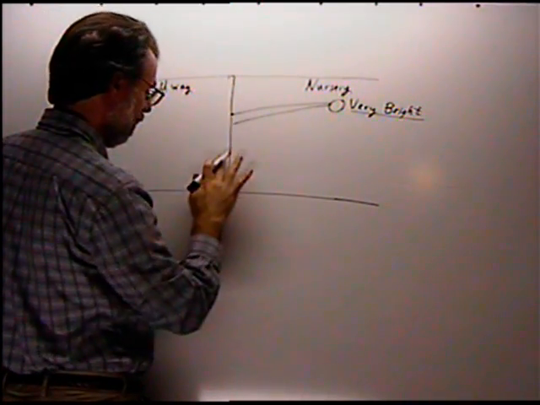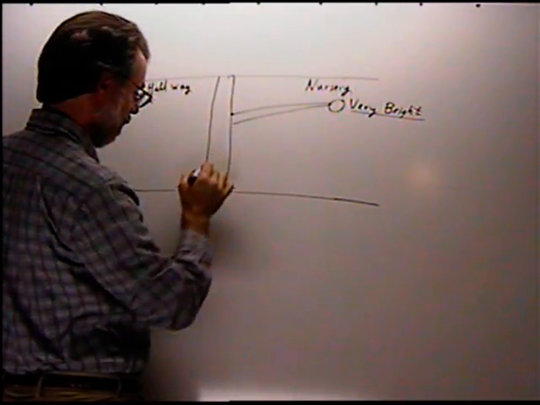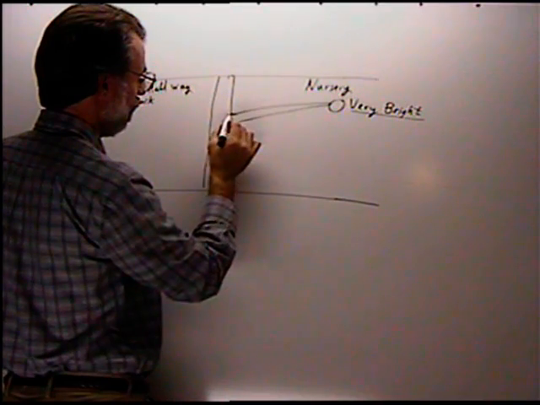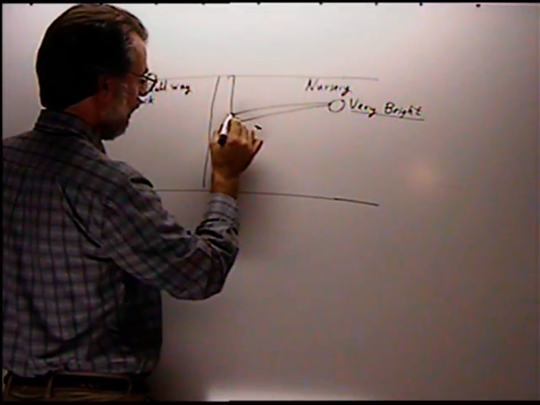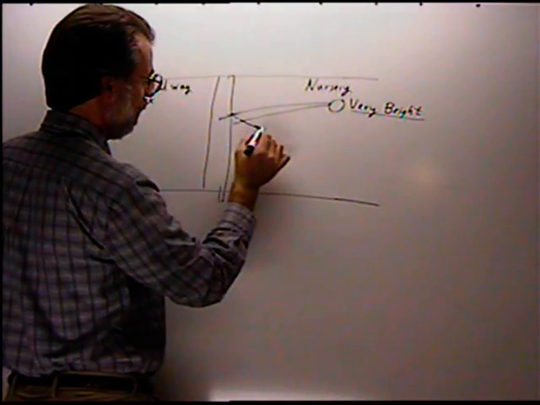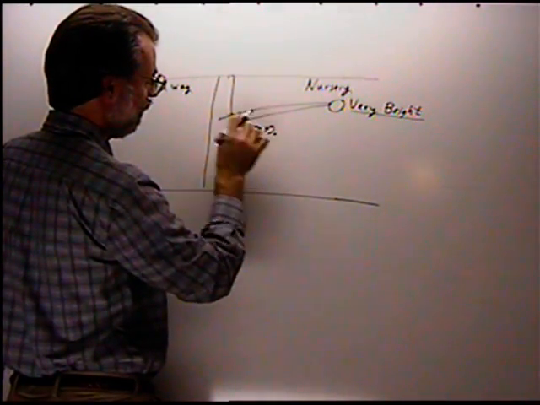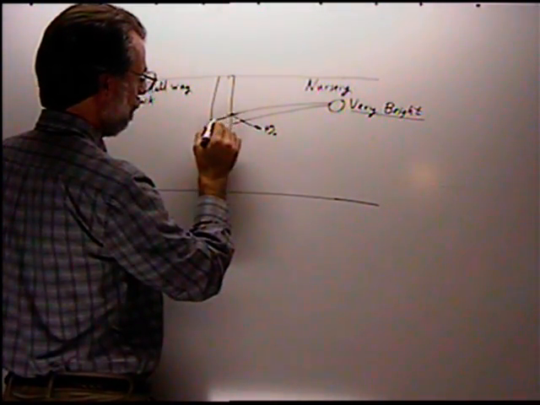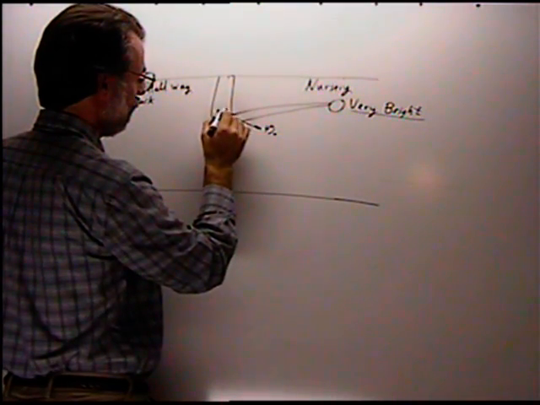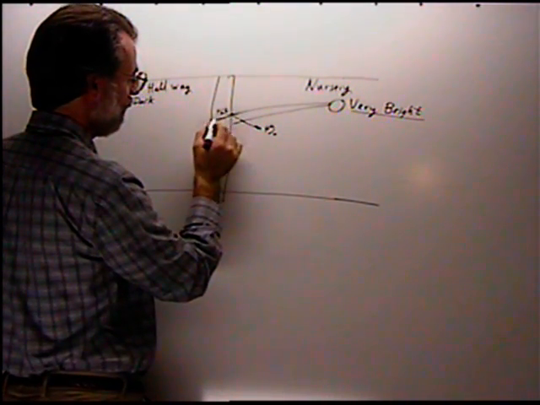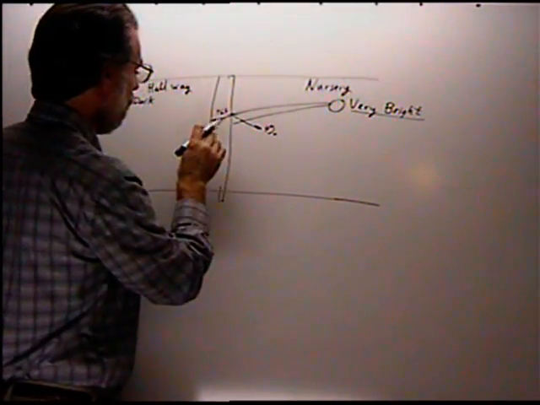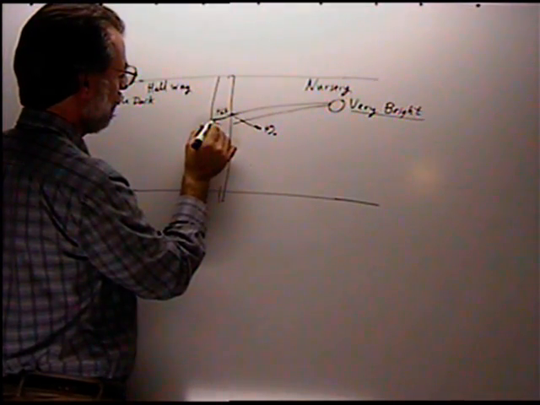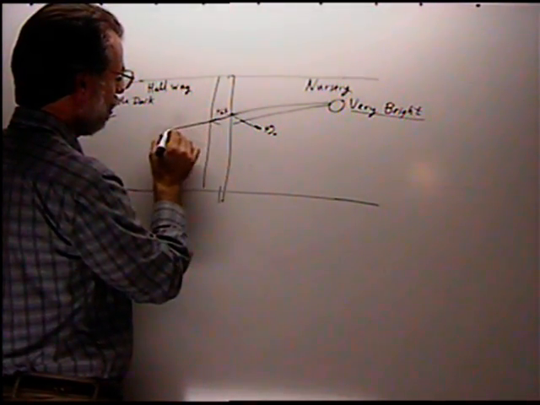Let's look at the large window. We're going to get reflection and refraction. Here's the 4% that's reflected, and here's the 96% that's refracted. This refracted ray will again have a 4% reflection, but the majority will come right through.